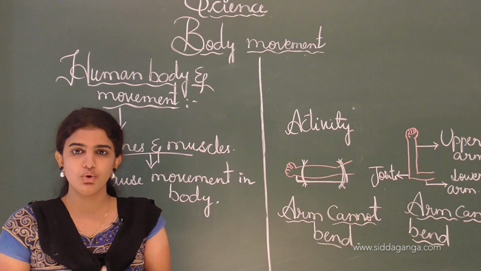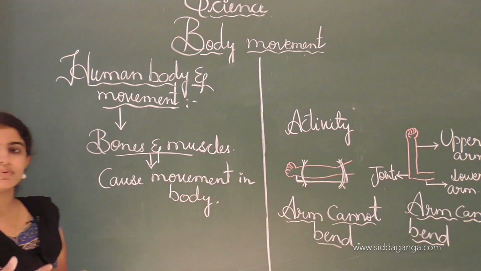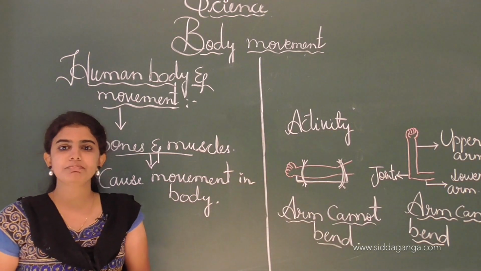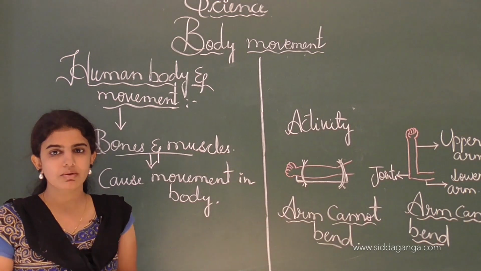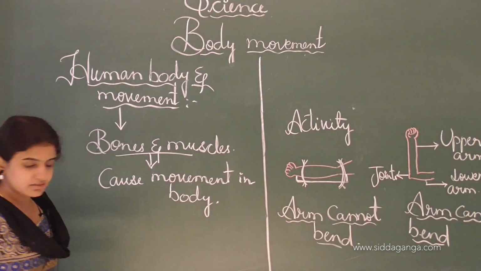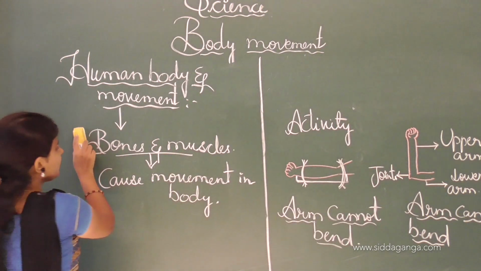By using these muscles and bones, we move our body. Examples of locomotion are walking and running.